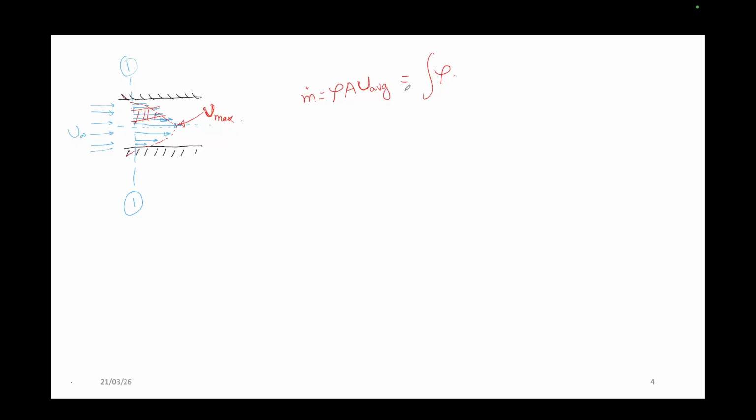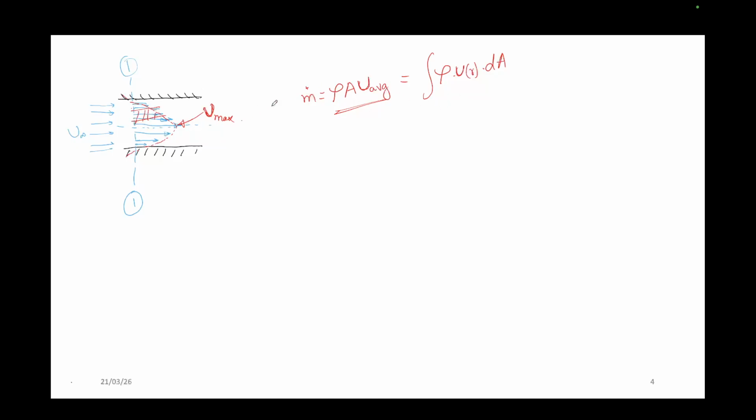In this small area, let us assume the velocity be u of r, into the area of this small region, dA. If you integrate this whole thing, you will get the mass flow rate. This is the generalized formula, but if something is given like that, then you have to integrate it. For this integration, you need u. You need to find the value of u in terms of radius, right?